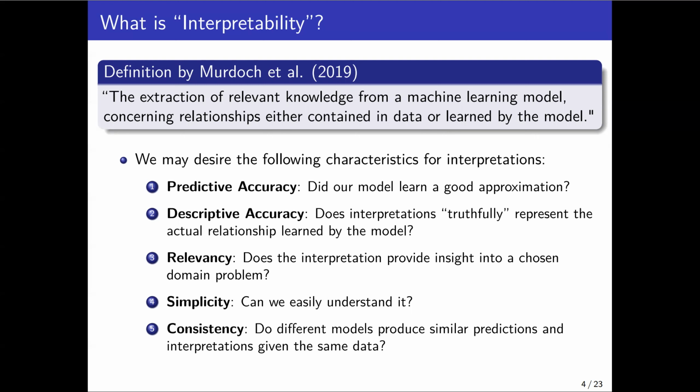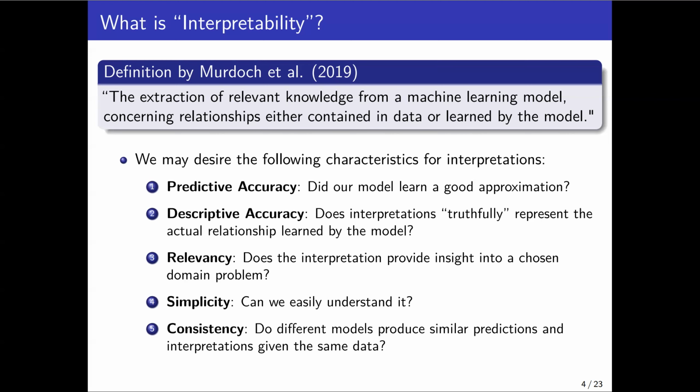Then, a good interpretable model has the following characteristics. Here, the term accuracy is not limited to predictive accuracy, the extent to which our model approximates the truth well. We also need to consider descriptive accuracy, or fidelity as called in this paper, evaluating whether the interpretation is a perfect or truthful representation of what is learned by our model.